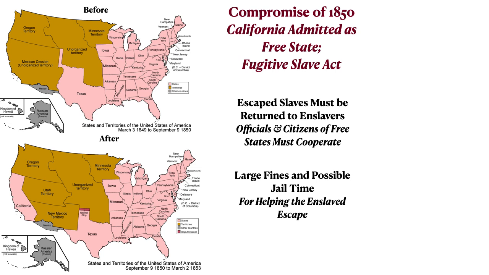But then in return, something known as the Fugitive Slave Act was passed, and this act claimed that escaped slaves who had made it to the North could be essentially kidnapped and returned to their ex-slavers, and that officials and citizens of free states had to cooperate with them, and there would be large fines and possible jail time for people helping the enslaved escape to the North.